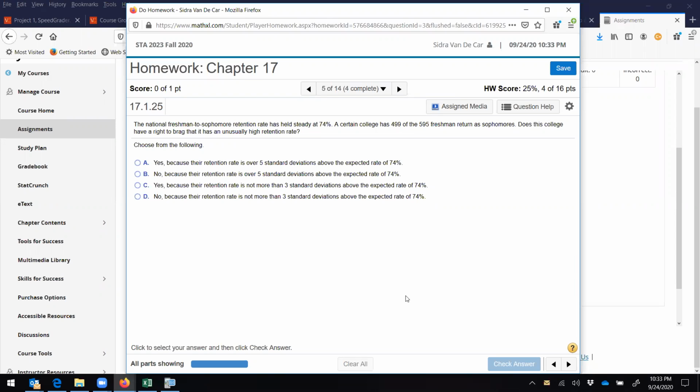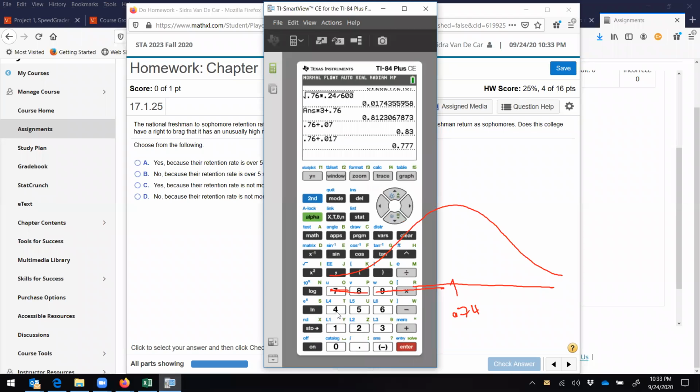If I have a curve that's centered at 0.74, and we got 499 out of 595, which is 0.839.